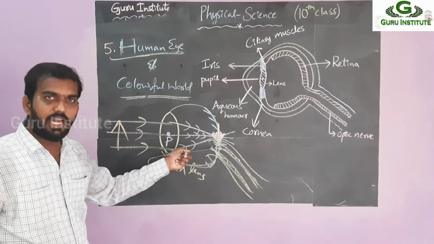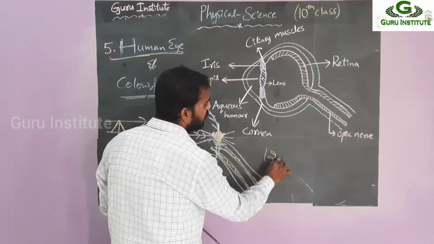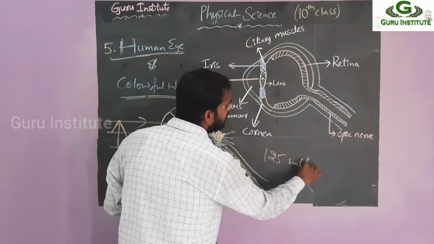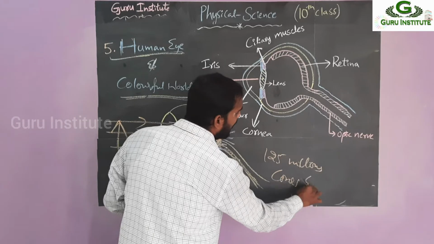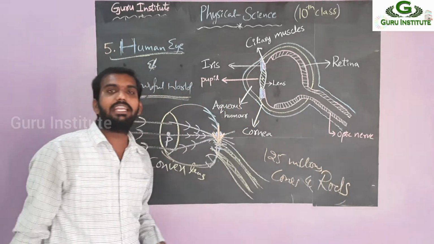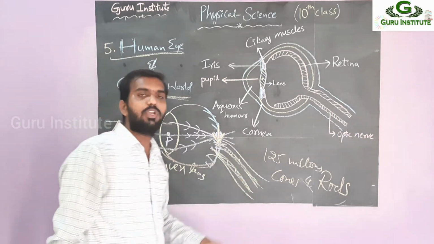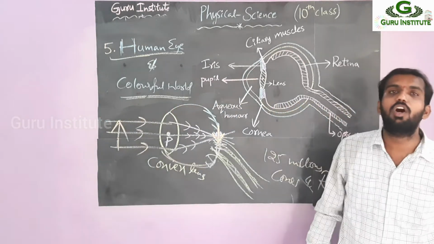So in the retina, almost 125 million receptors are there. They are called cones and rods. So these receptors identify the color and intensity of the object.